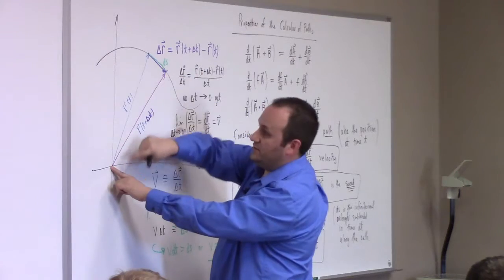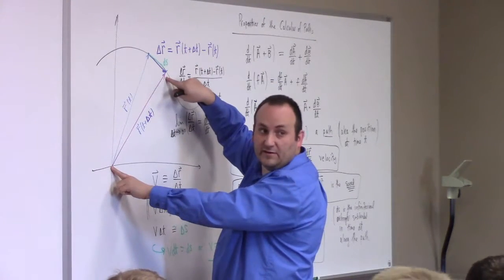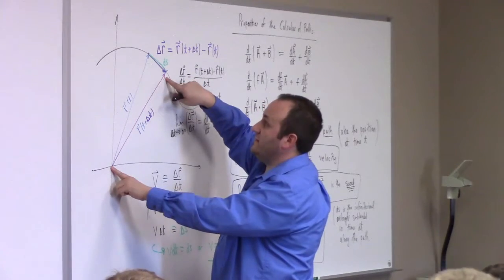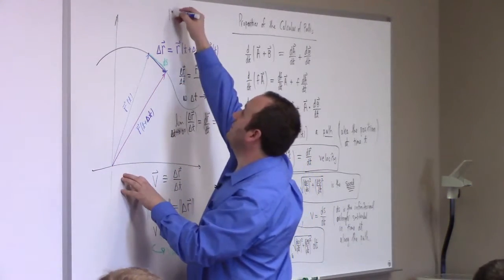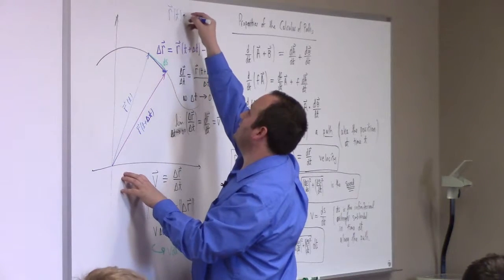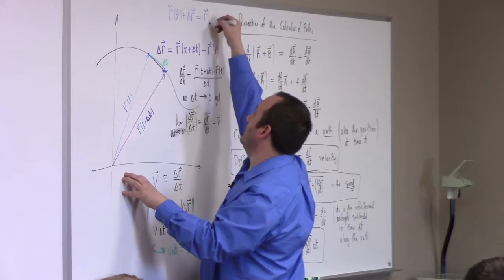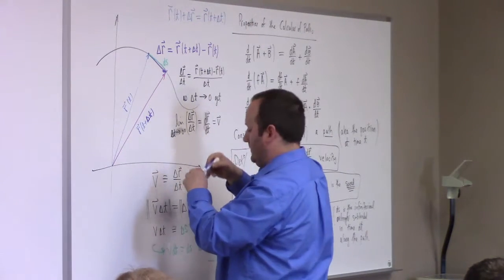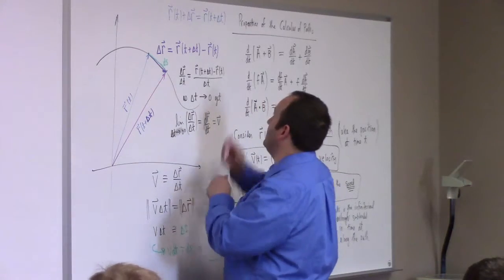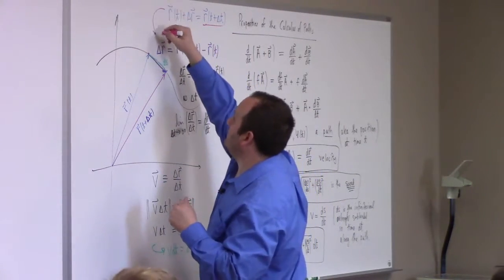Blue plus purple is the same as pink. That's how vector addition works. So what that tells me is just what? r of t plus delta r is equal to r of t plus delta t. This is the pink vector again. And of course, once you have this, it's easy to solve for delta r.